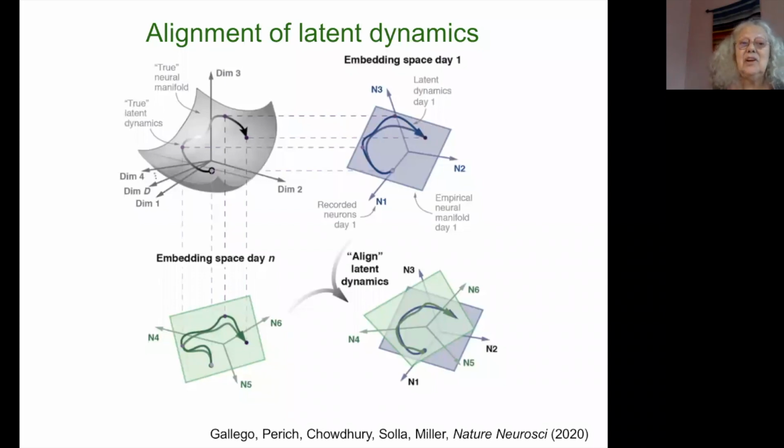And in these empirical neural spaces, we again try to find the latent manifold, the neural manifold to which the activity is constrained. And in this case, we have used simple linear methods to find that manifold. So that manifold is actually a hyperplane on which we project the dynamics, the empirical dynamics that we measure. We project the activity of all the neurons that we measure. And we can do it in different ways.